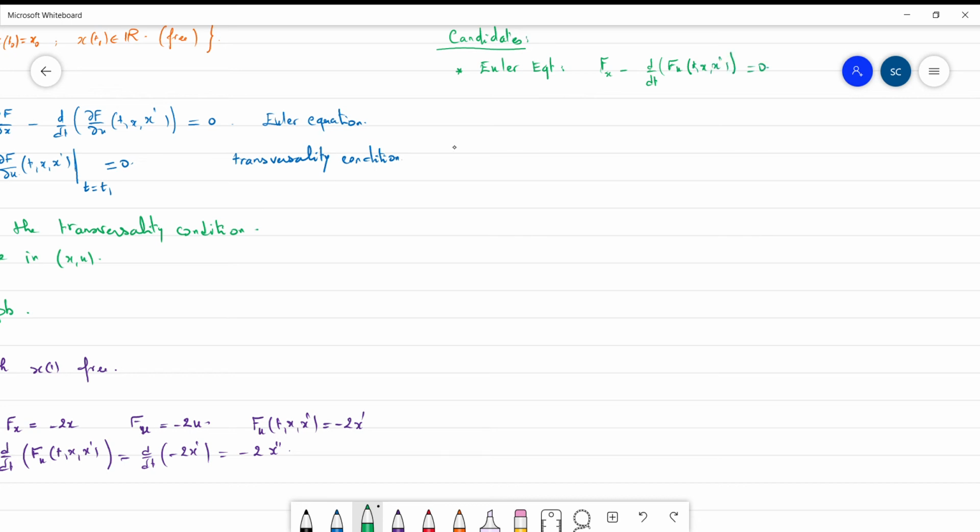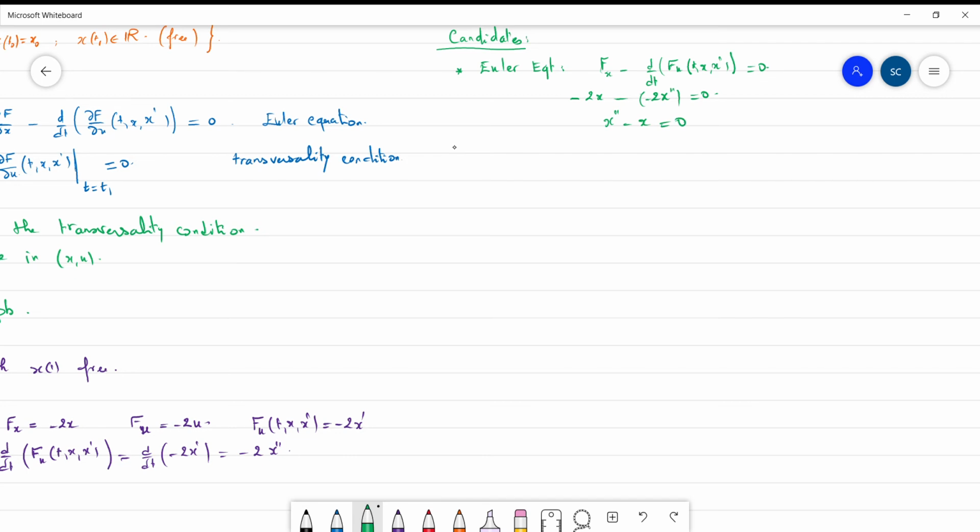So fx, we said, is minus 2x, minus the derivative d/dt of fu, which is minus 2x''. Everything I did already, the calculation, the derivative. So it's minus 2x'' equals 0. Okay, so we have the equation x'' minus x equals 0.